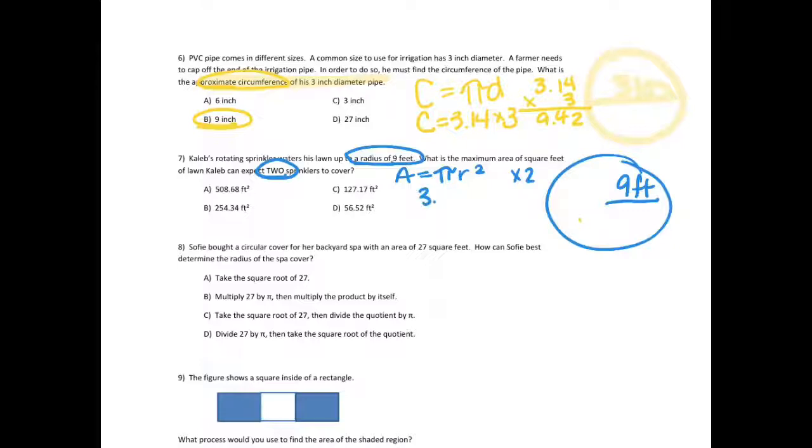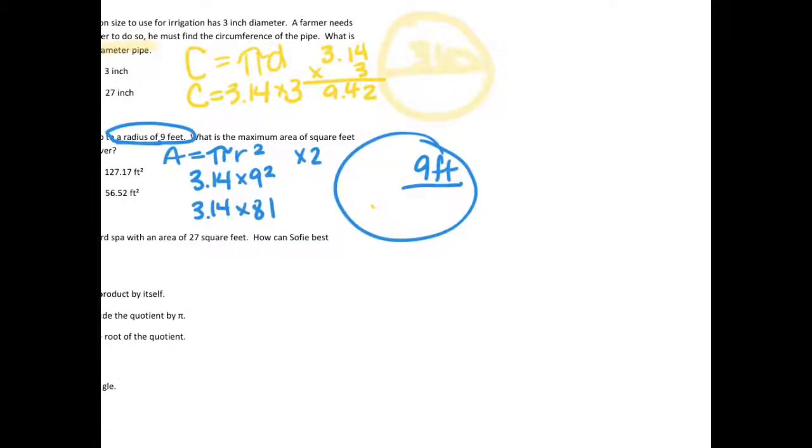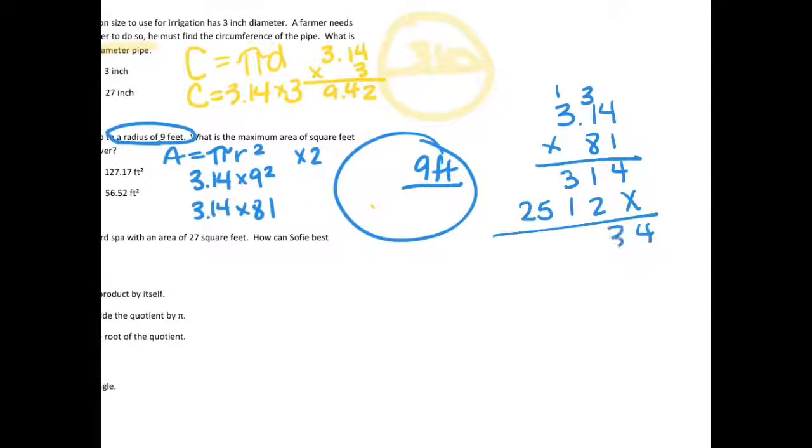So 3.14 times 9 squared. 9 squared is 81, so we're going to do 3.14 times 81. So if I do that math over here, 3.14 times 81, I got 254.34.